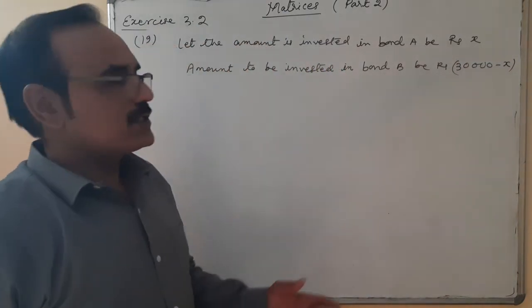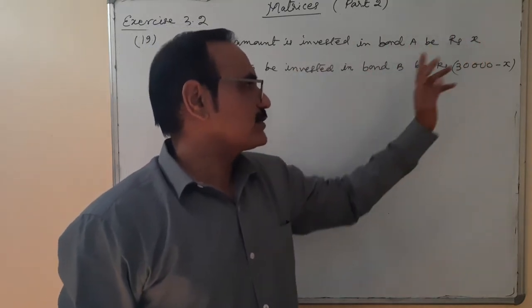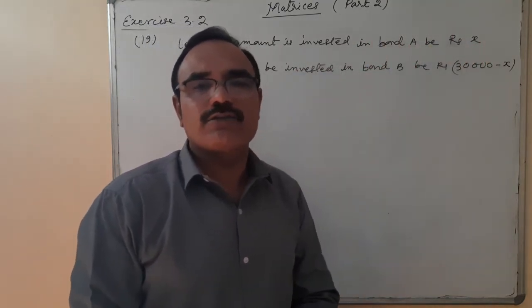Because 30,000 we are going to divide into two. So if for bond A rupees x, for bond B rupees 30,000 minus x.